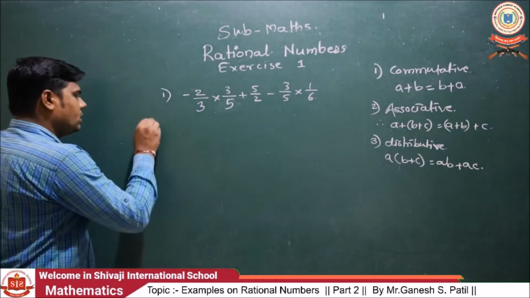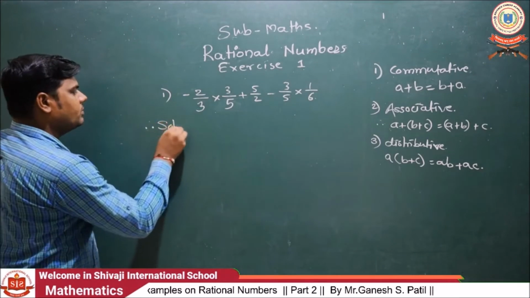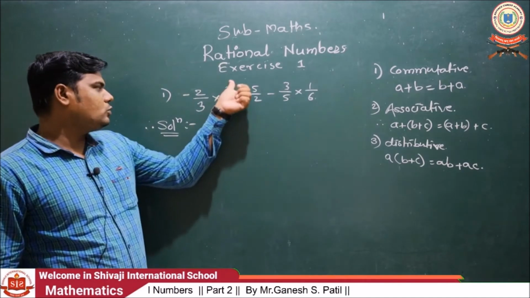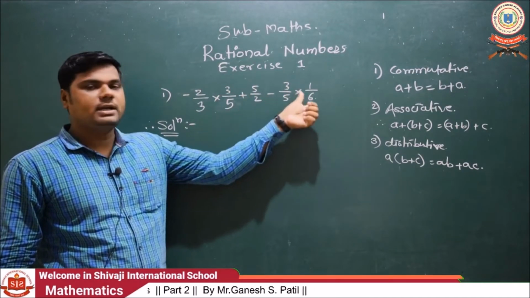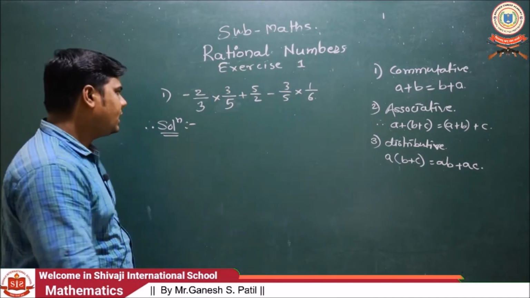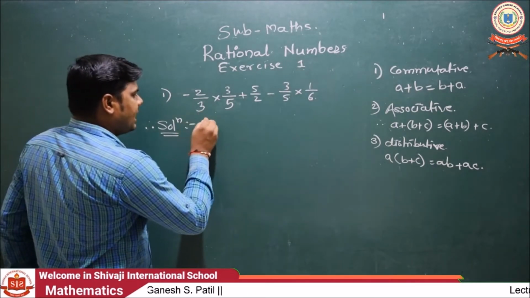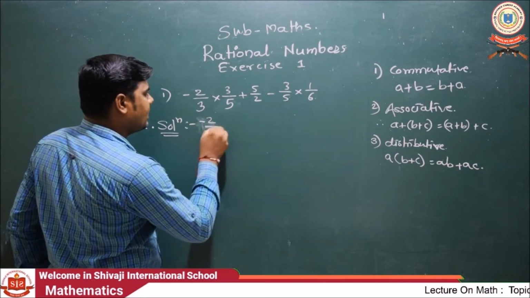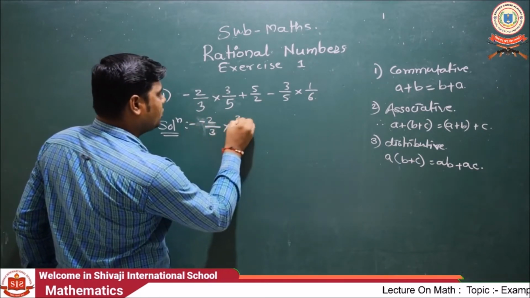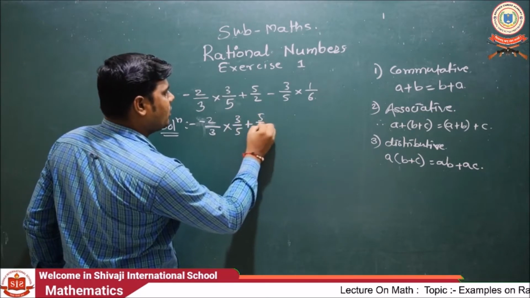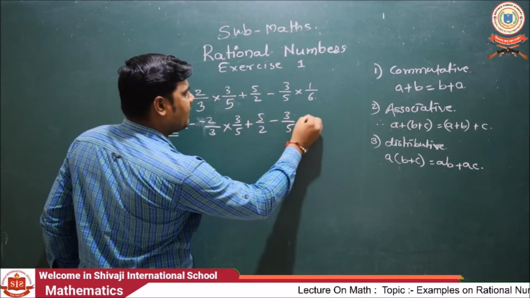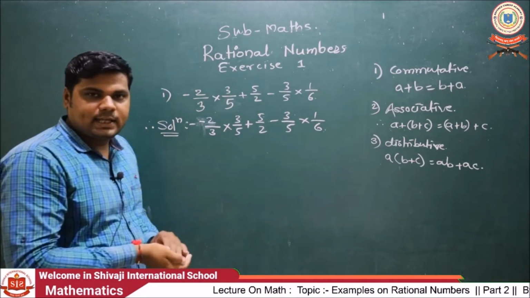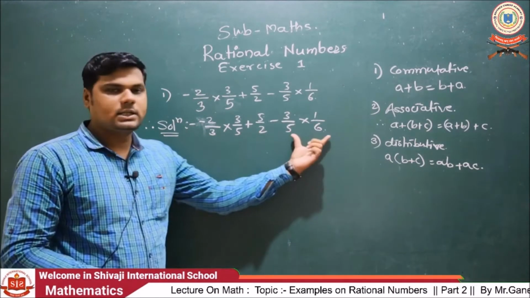Now the solution of the given example. The given example is minus 2 by 3 into 3 by 5 plus 5 by 2 minus 3 by 5 into 1 upon 6. Write down the example. Now we focus on the first term and the third term.